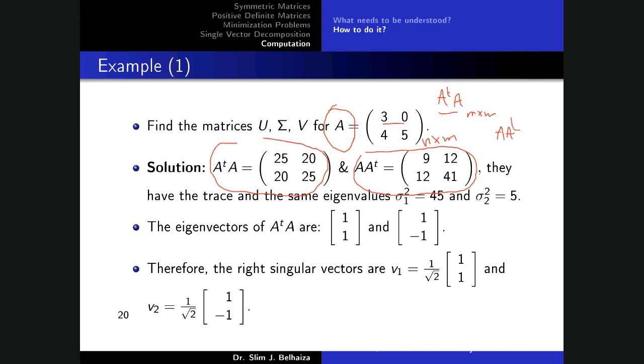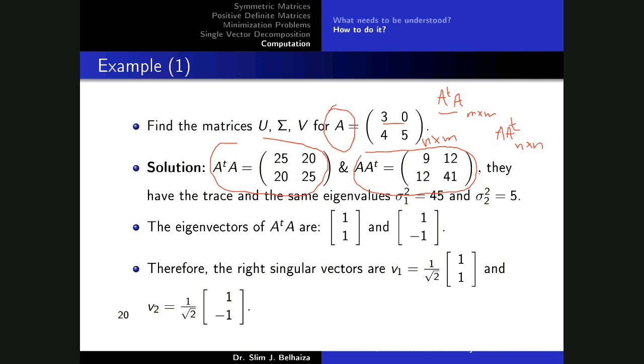Am I right? So in all cases, these two matrices are different, and in terms of size, they theoretically have different sizes if the matrix is not square. So you end up with two beautiful square matrices, at least.